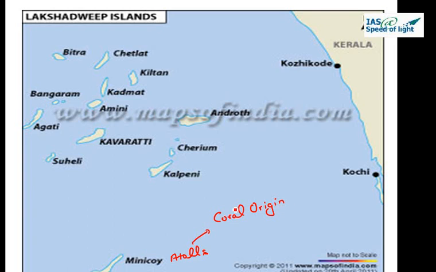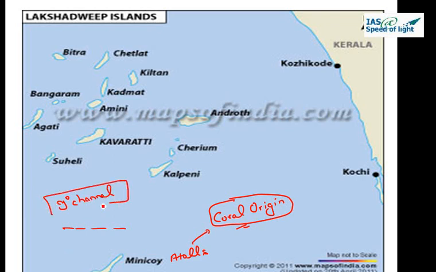So please remember this thing, that Lakshadweep Islands are of coral origin. Minicoy Island is the largest island of Lakshadweep Islands, and it is separated by a 9-degree channel. For the islands, we are going to have a mnemonic part as well in the miscellaneous mnemonic session. So islands will be covered in that, and some other islands too.